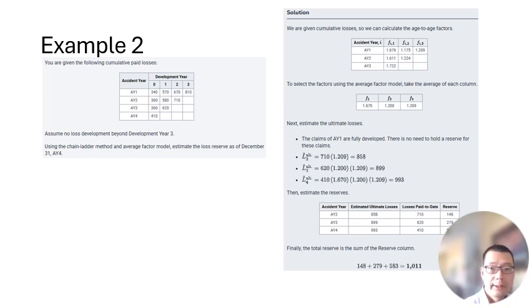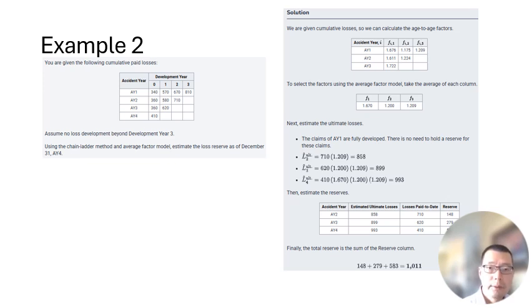So we are given the cumulative losses already, so we can calculate the age-to-age factors. After that, to select factors using the average factor model, take the average of each column.